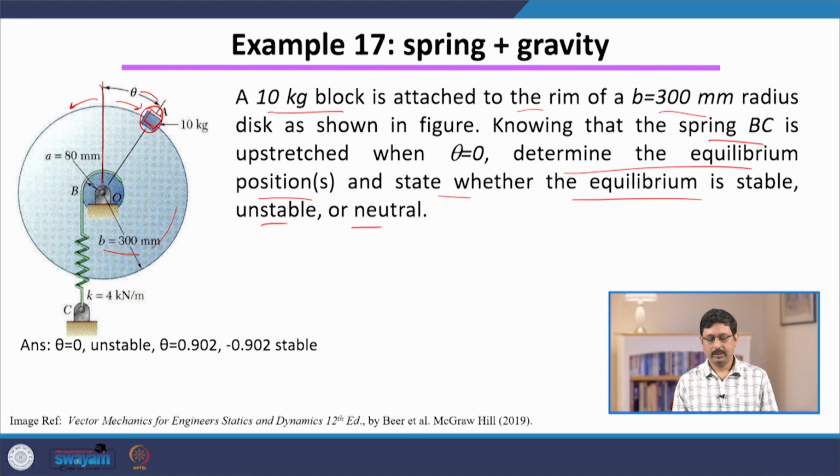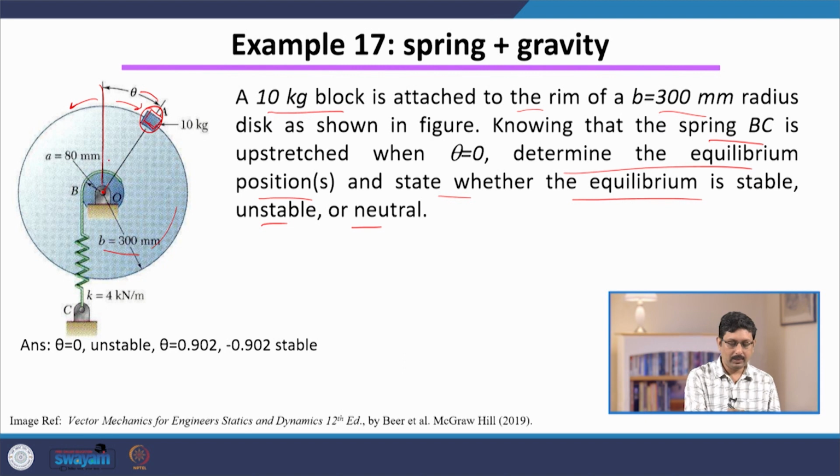It is clear from this figure that it has a single degree of freedom, even though it rotates on a disc which is a 2D object, because it is constrained to move along the rim. The constraint is such that the distance from the center O to the block is always fixed. So, it is a single degree of freedom system.